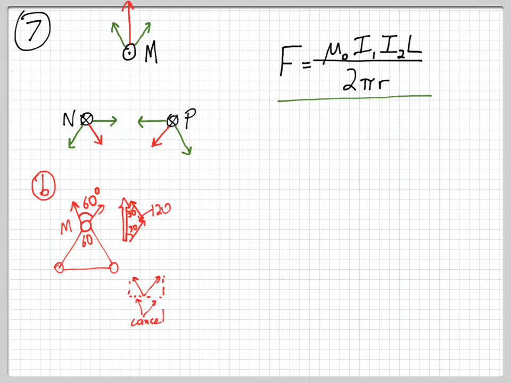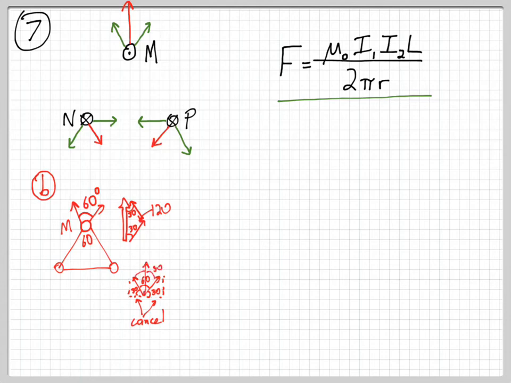So the only part I really need to find is the vertical component. I have identical vertical components, so I can just find one of them and then double it. Since I know this is 60, that means this is 30, and that's 30. If I were to split the 60 in half, it would become two 30s.